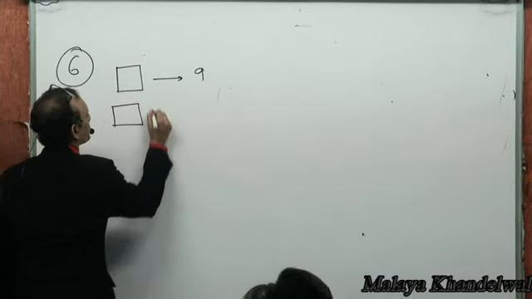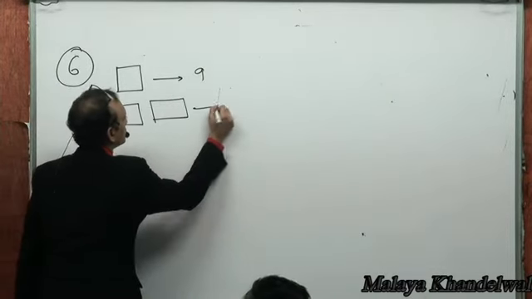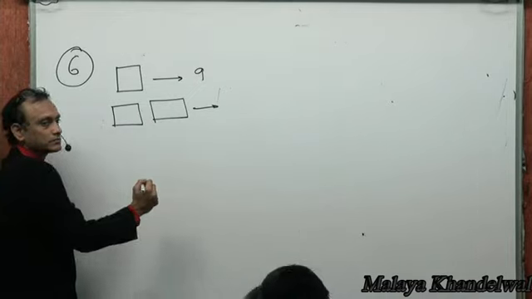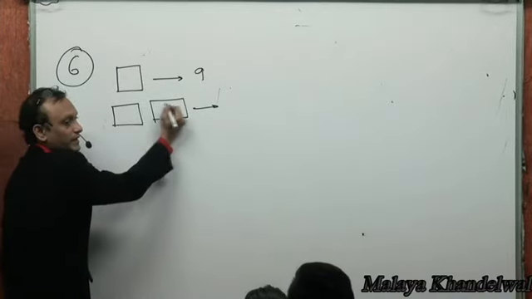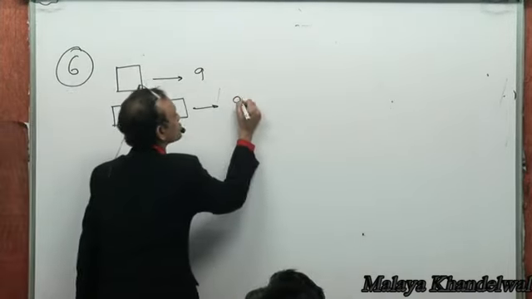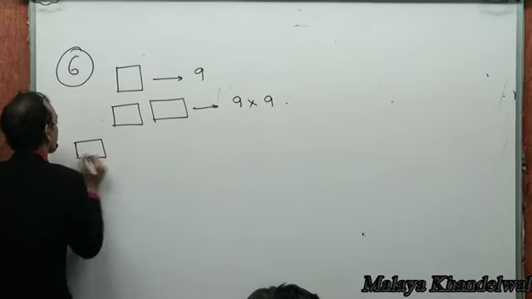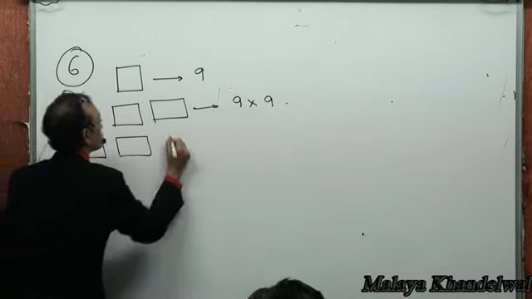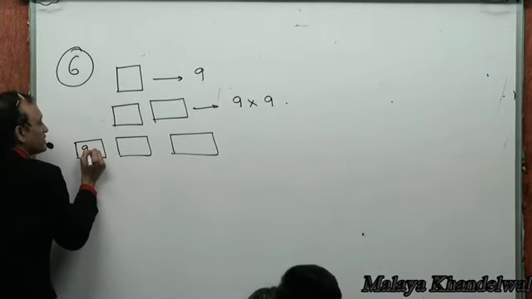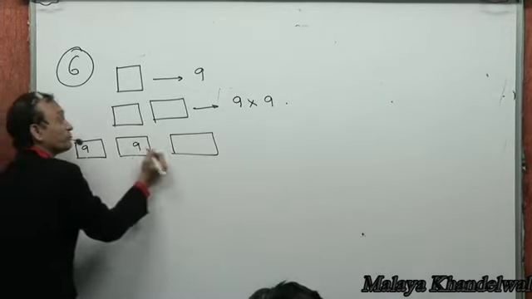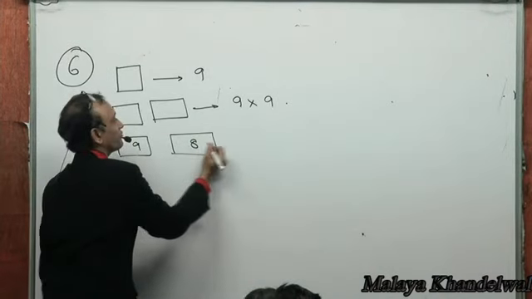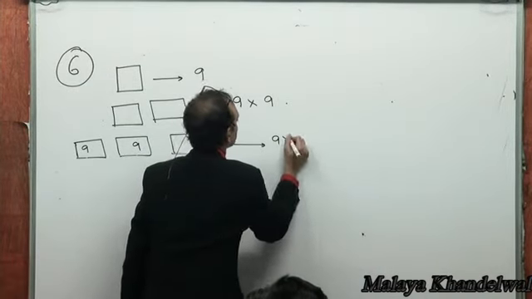There can be a 2-digit number. How many cases? 9 ways of filling up this and 9 ways of filling up this. So 9 into 9. 3-digit numbers. There are 9 ways of filling up this, 9 ways of filling up this, but 8 ways of filling up this. All digits different.